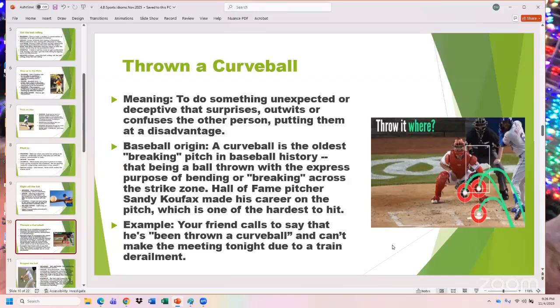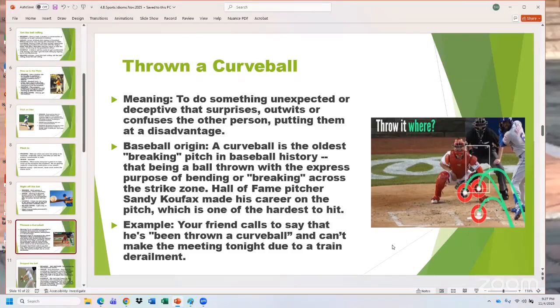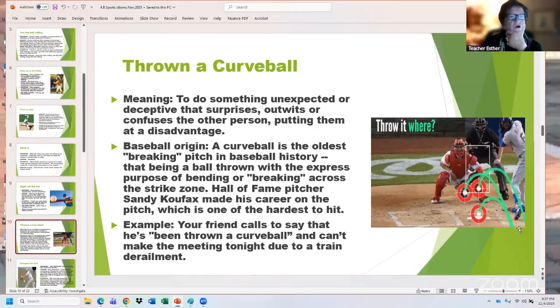Baseball origin: a curveball is the oldest breaking pitch in baseball history, a ball thrown with the express purpose of bending or breaking across the strike zone. Hall of Fame pitcher Sandy Koufax made his career on the pitch, which is one of the hardest to hit. Example: your friend calls to say that he's been thrown a curveball and can't make the meeting tonight due to a train derailment.